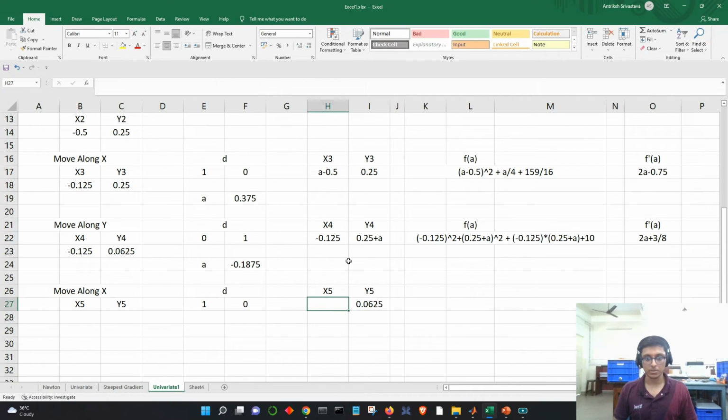So we will not disturb the y. So we have to write x, so it will be minus 0.125 plus a, and we put this again into our expression and simplify this.